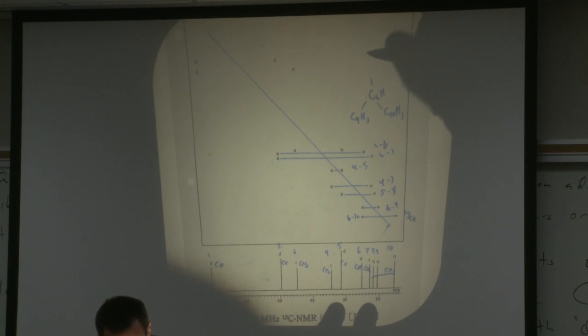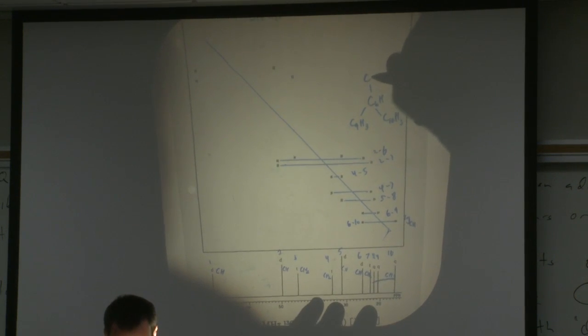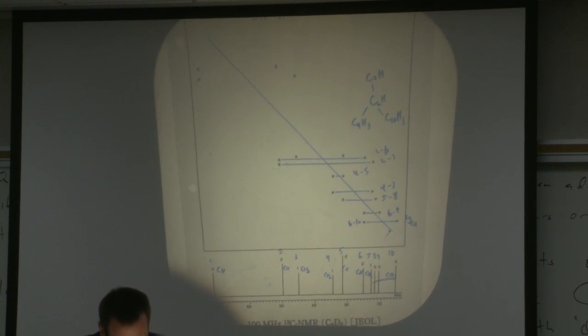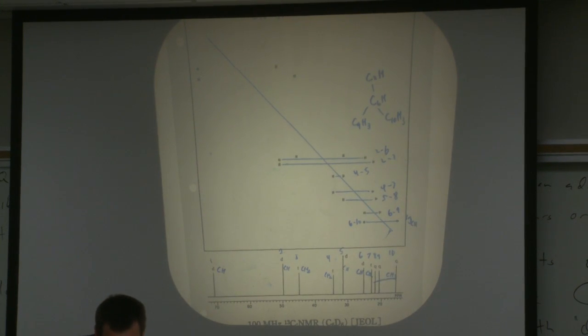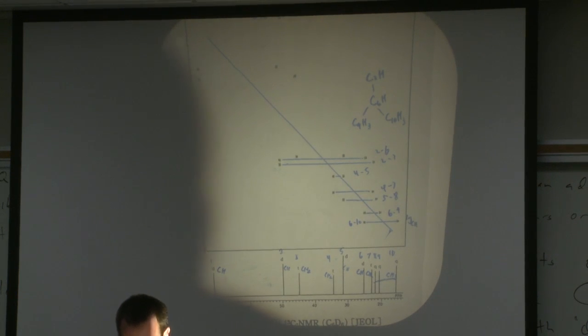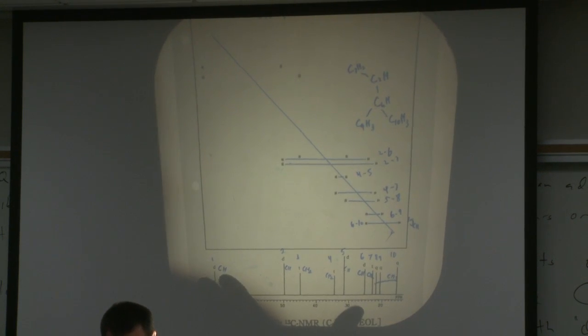So 2 is a methine, so I will say C2H. And let's see, 2 connects to 7, which is a methylene, so that's C7H2.